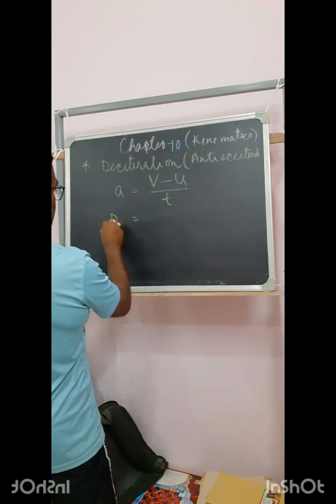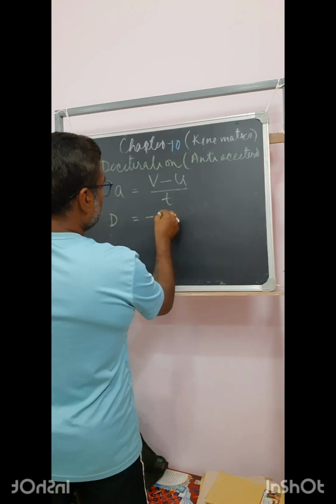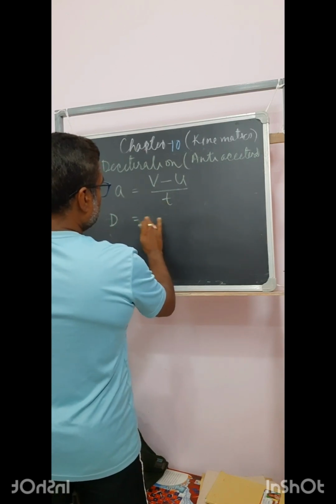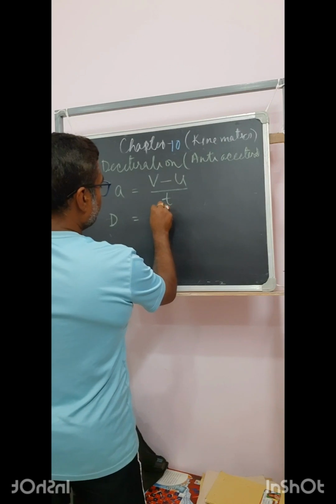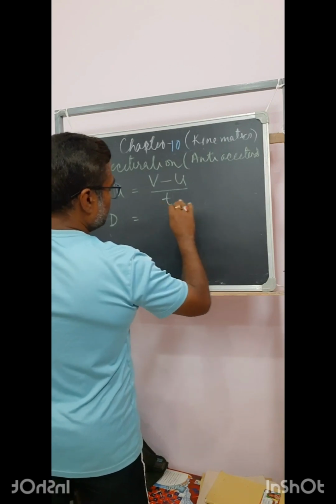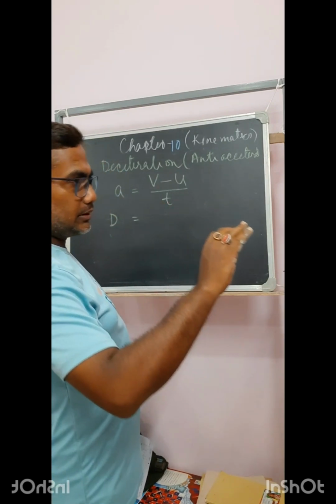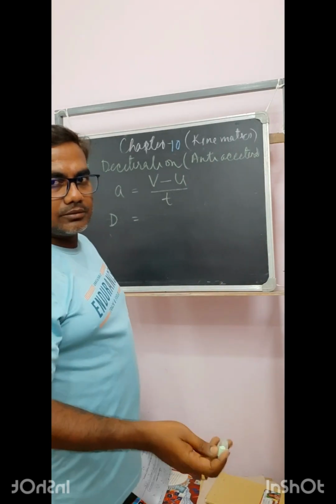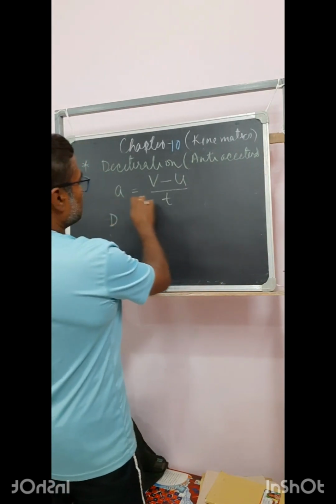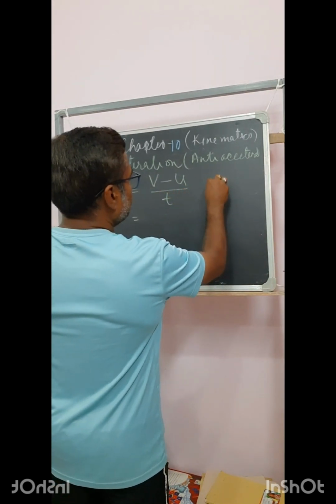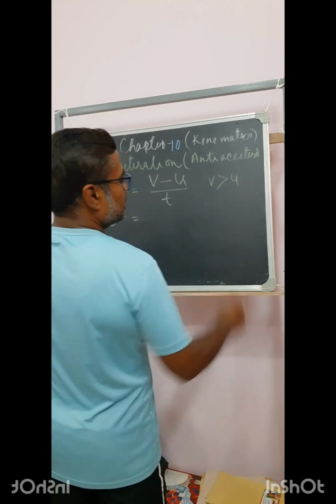Let's say I am denoting deceleration by d. By definition, it is when the velocity is reducing. So acceleration by this definition cannot be reduced, because v is always greater than u.